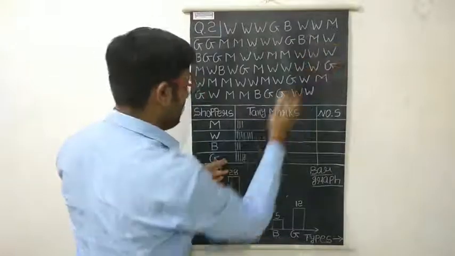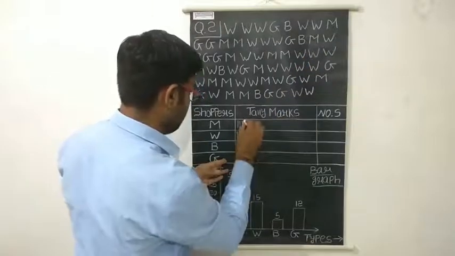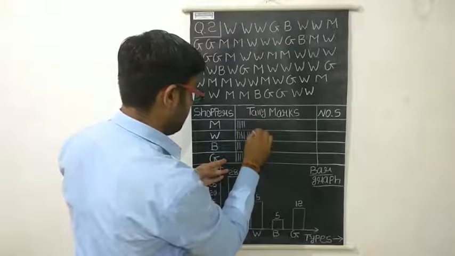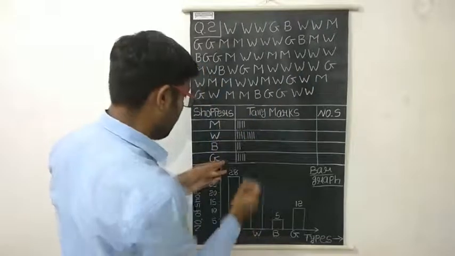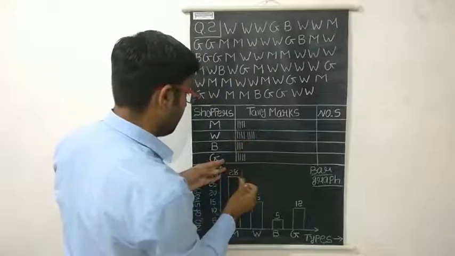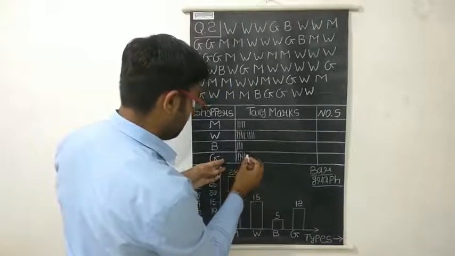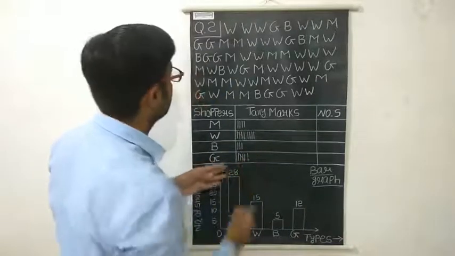Then man and woman, one man and one woman. Then boy, girl, girl: one boy and two girls. So this is the fifth, and this is the sixth.